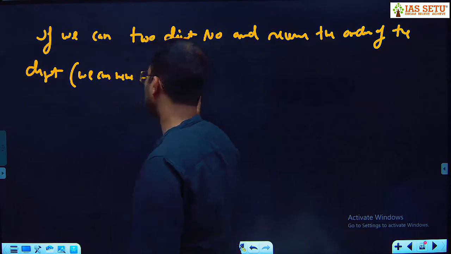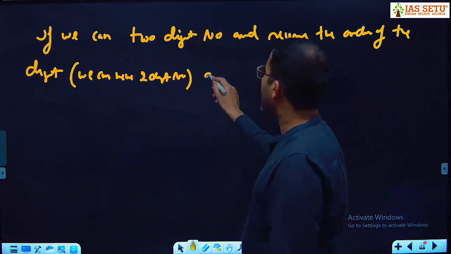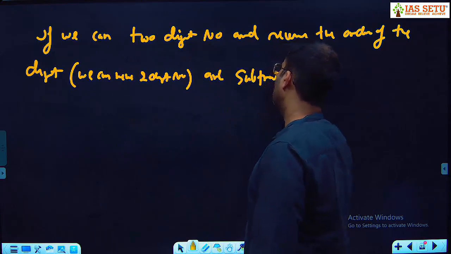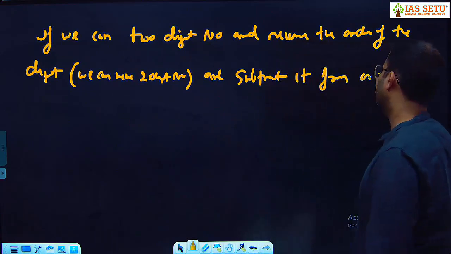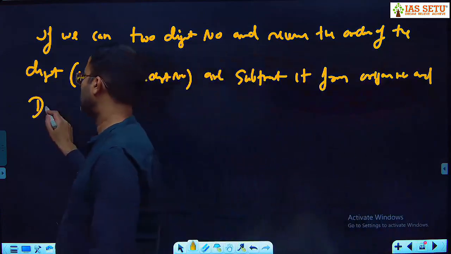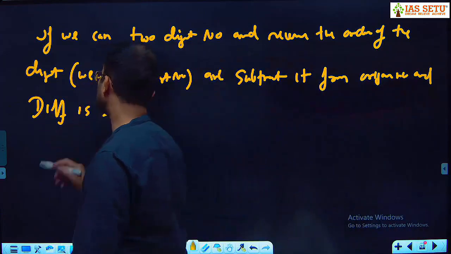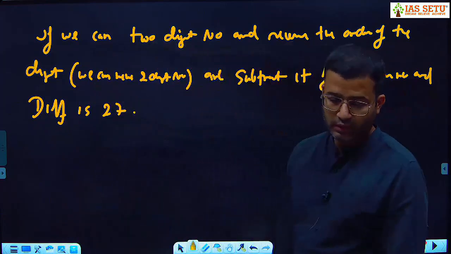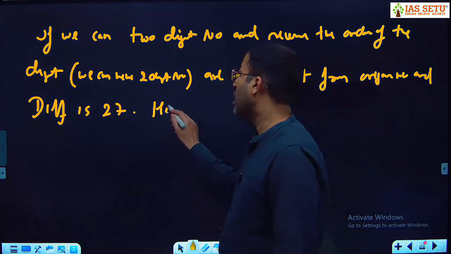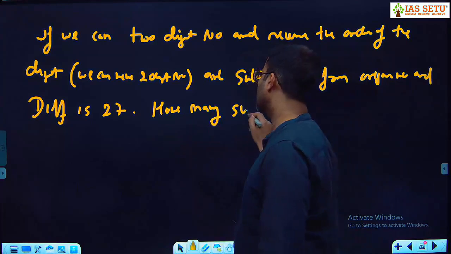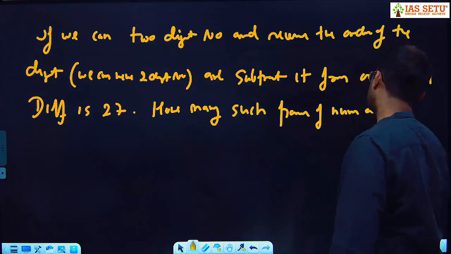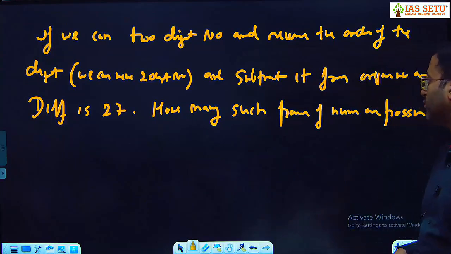After reversing, it should still be a two-digit number. And subtract it from the original number, and the difference is 27. Difference is coming 27. Now the question is, how many such pairs of numbers are possible?